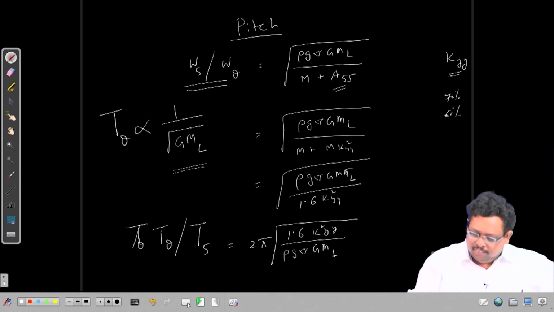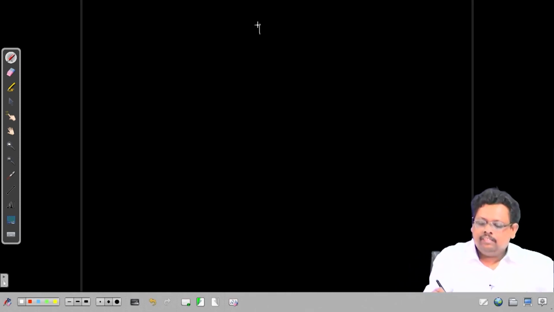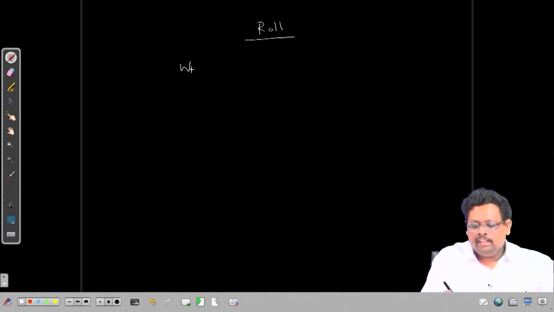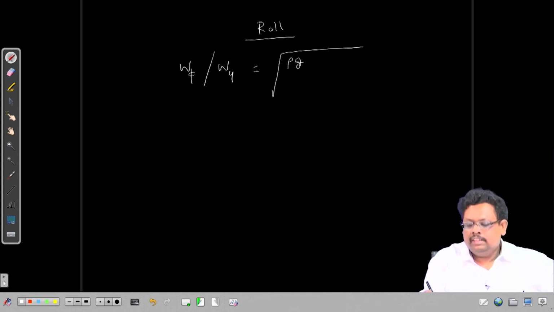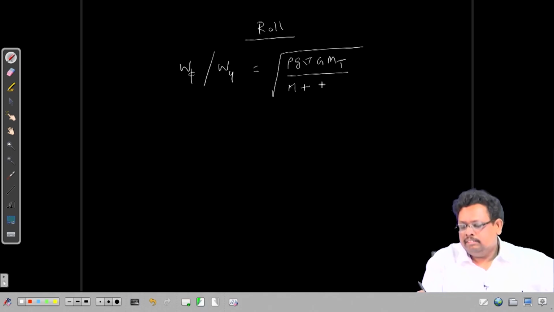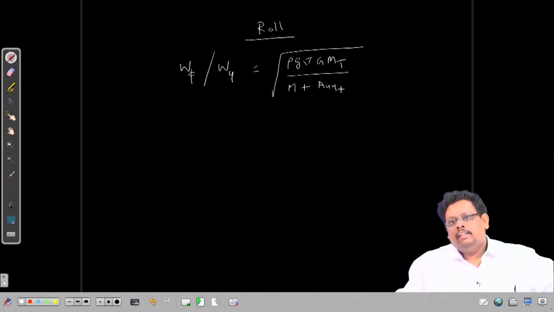Now, let us see what happens for the roll. In case of a roll, your natural frequency, omega 4, equals rho g V into GM T divided by m plus A 44. Here again, the same thing.